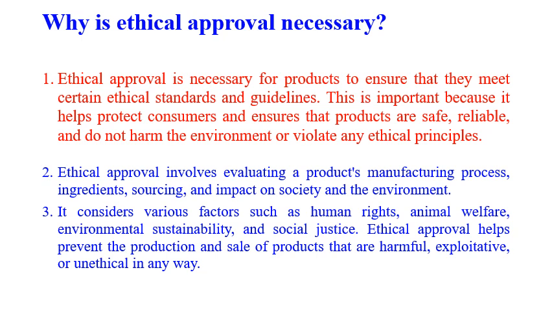With ethical approval also, factors such as human rights, animal welfare, environmental sustainability, and social justice are put into consideration. So ethical approval helps to prevent the production and sale of products that are harmful, exploitative, or unethical in any way. With ethical approval in place, all of these are prevented.